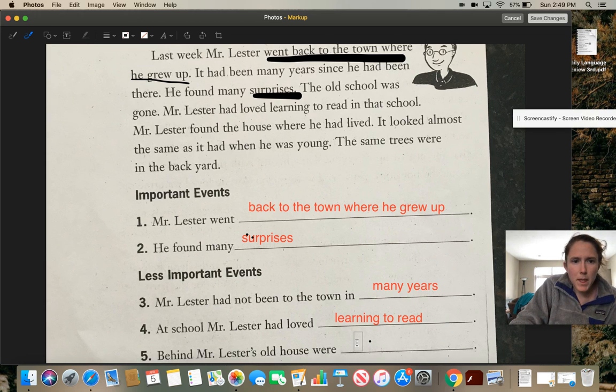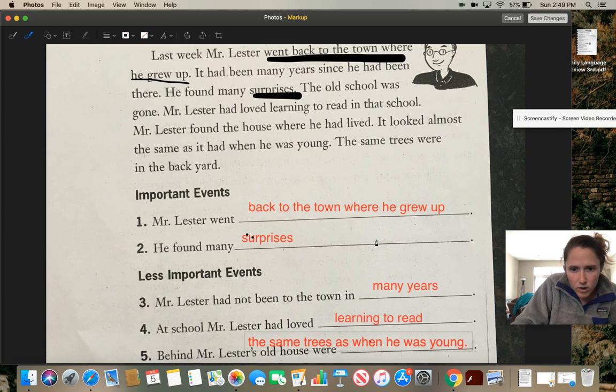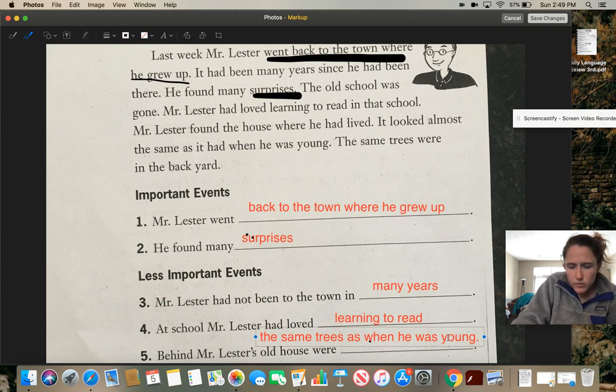Were the same trees as when he was young. So you might have a hard time seeing that. I'll try to move it a little bit so you can see it better. So the same trees as when he was young. So you can just write that there.